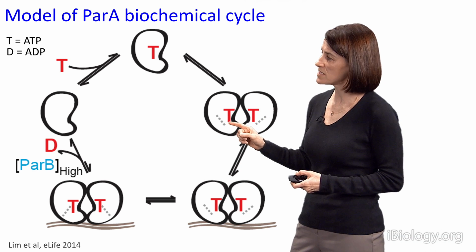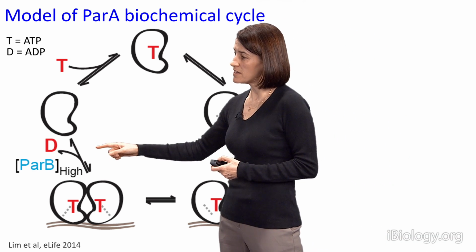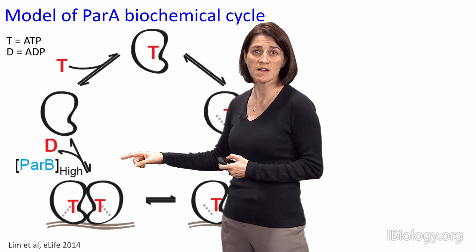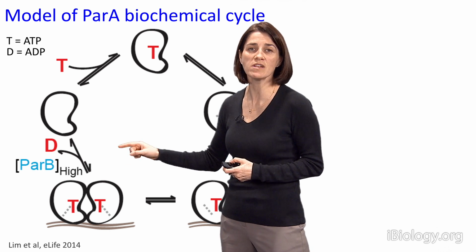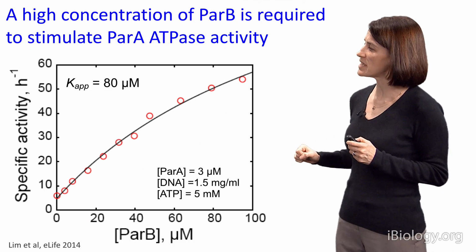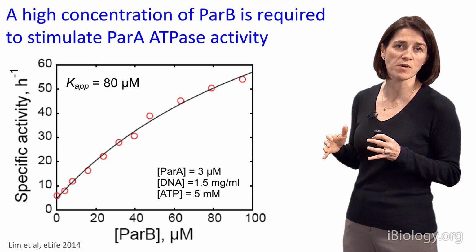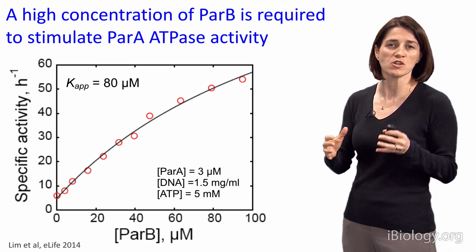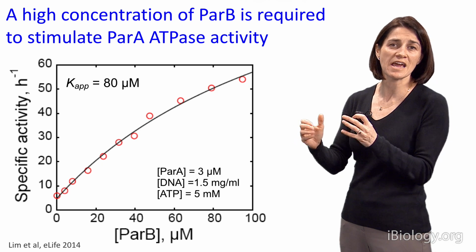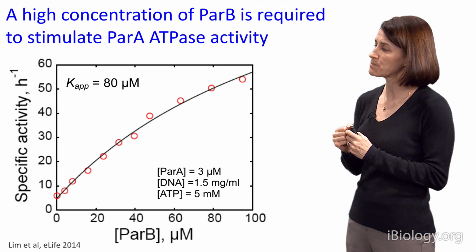Now, what is important in this slide is that yes, it's going to bind to ParB, and ParB is going to stimulate ATP hydrolysis. But ParB can do this only if there is a high concentration of ParB. And this is shown in this biochemical experiment. So this is in vitro. You have purified ParB, you have purified ParA, and you add DNA and ATP to your reaction.